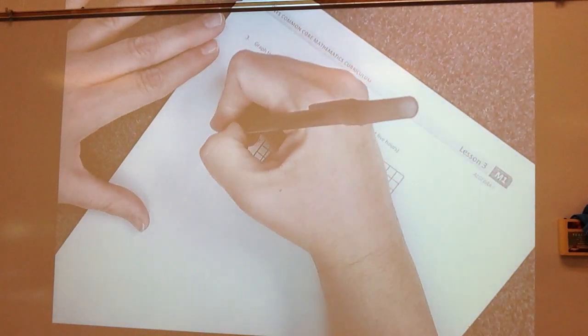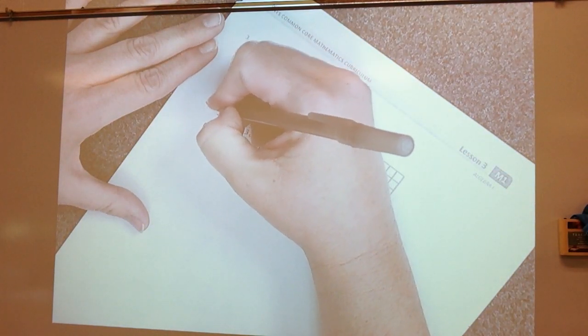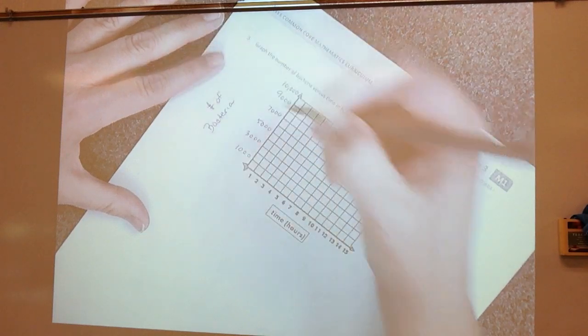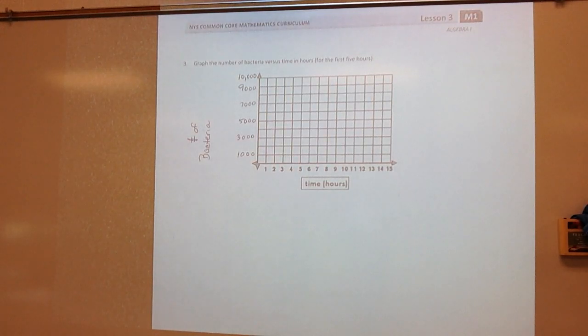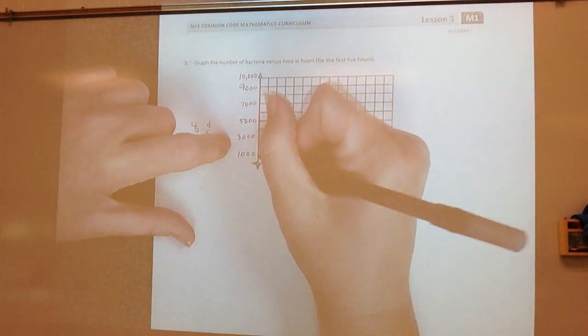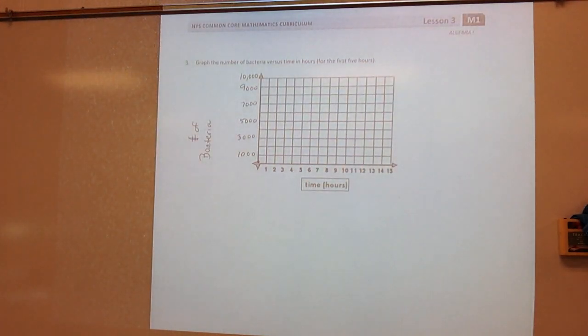And we already know that this isn't going to give us exactly what we need, but number of bacteria. And then I'm going to go back to my data here. At 0 minutes, there were 2 bacteria. So 0 minutes, 2 bacteria. At 20 minutes, there were 4 bacteria.